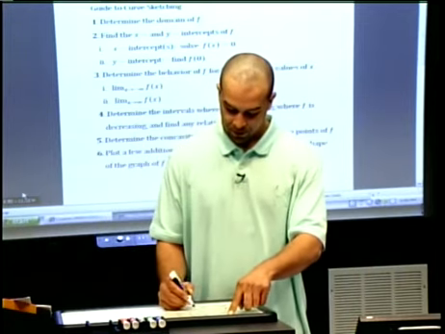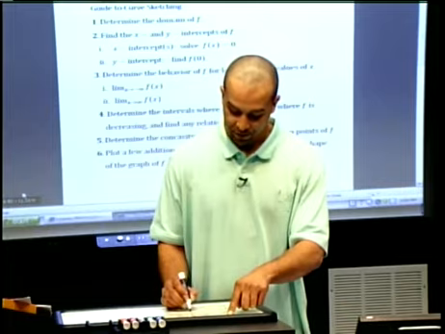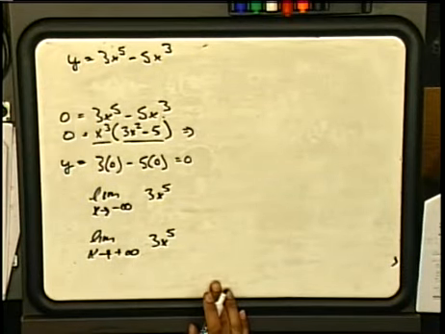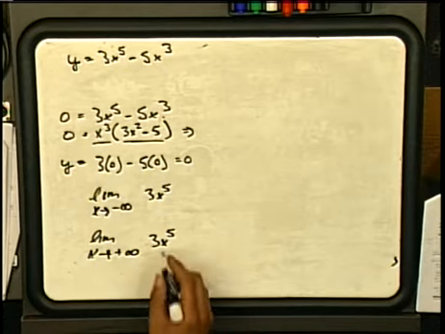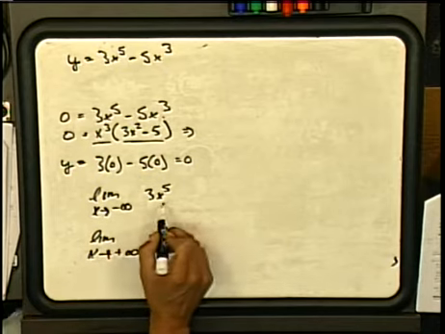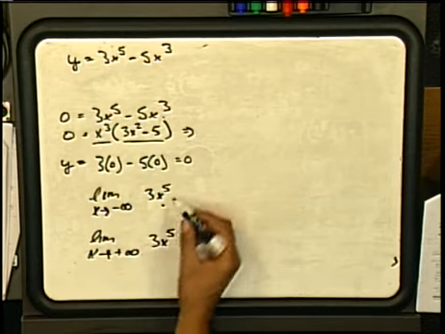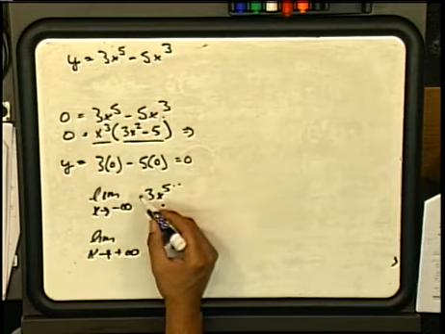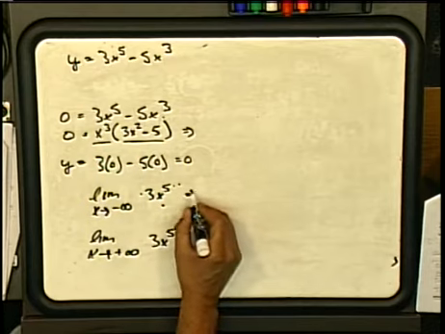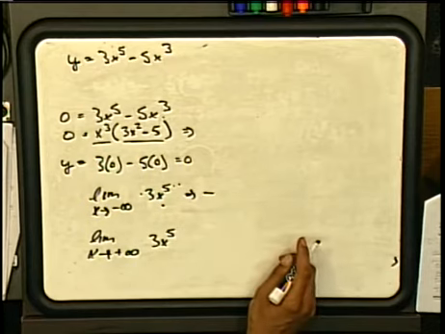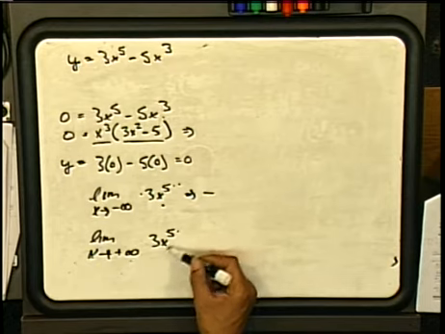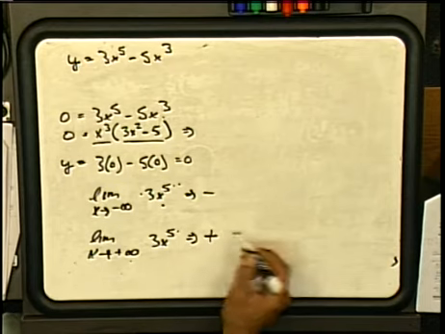3x to the 5th. We take the limit of the leading coefficients. Plug negative infinity in here. It's an odd exponent, so it's going to be a negative times a positive, which is a negative. Plug a positive infinity in, that's positive.